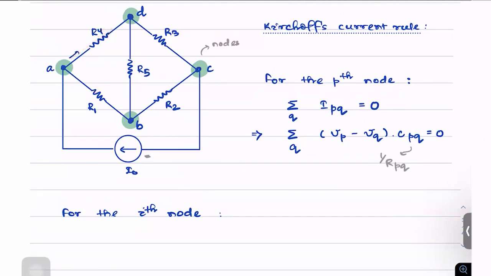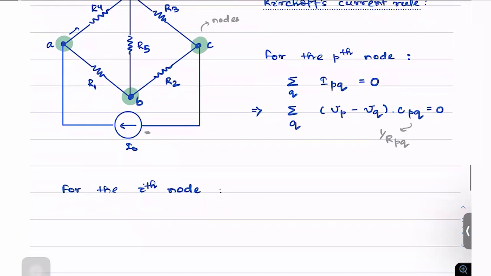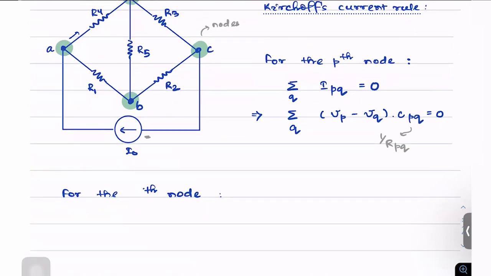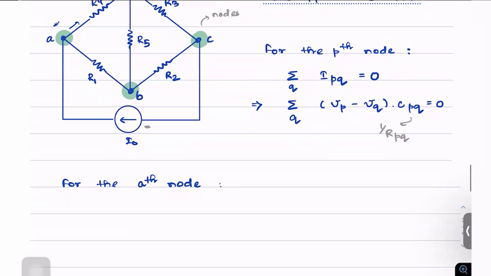Then it will allow us to write this expression for the ath node, which is shown here. Now, for this ath node, Kirchhoff's rule gives something like this. Again, the summation of I_AQ, where Q varies over the network, becomes equal to I naught.